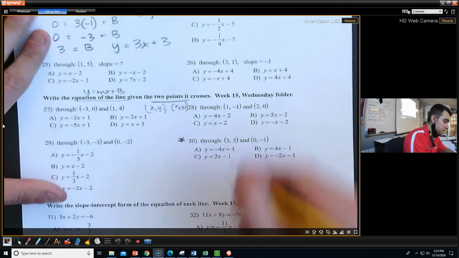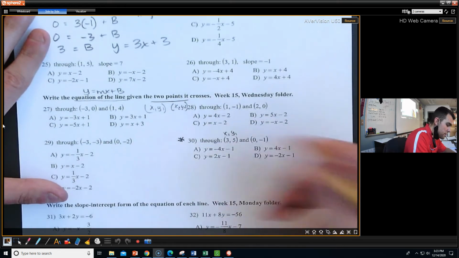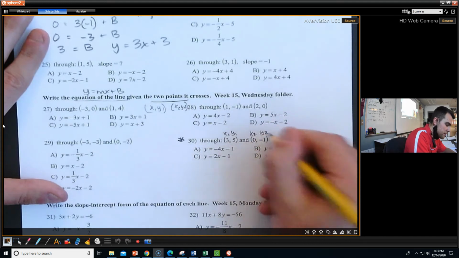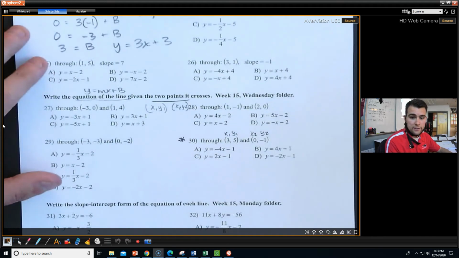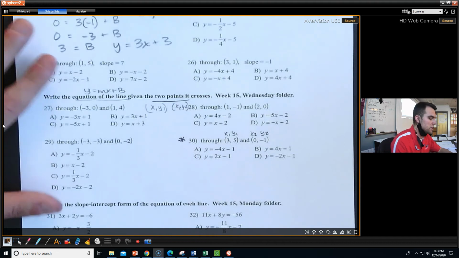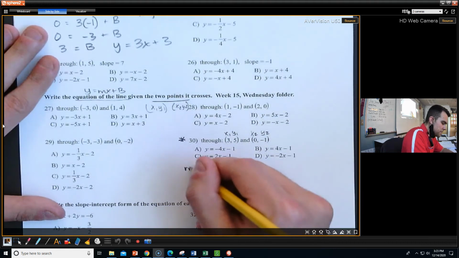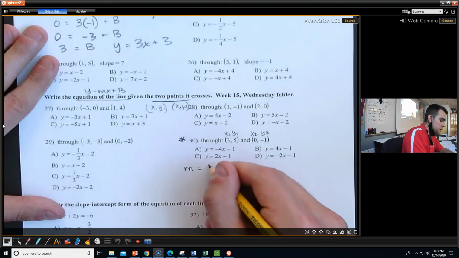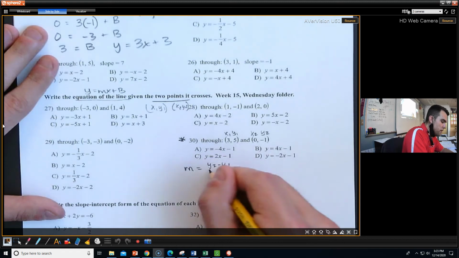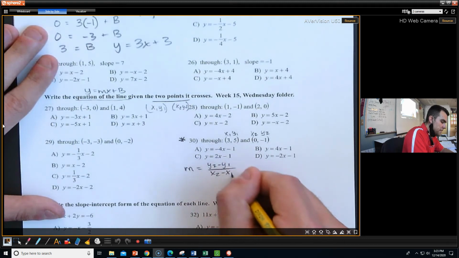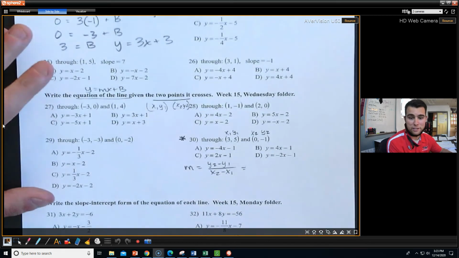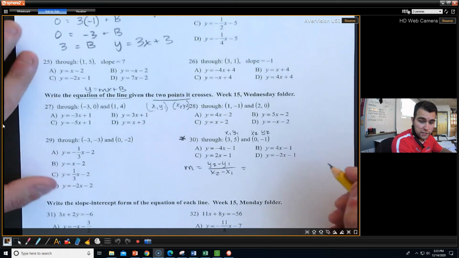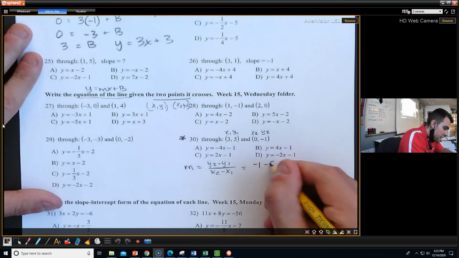All right, I have these two points. I'm going to call the first point x1, y1, and the second point x2, y2. Let's calculate the slope. I want to use my slope formula to do this: m equals y2 minus y1 over x2 minus x1. I'm going to plug some stuff in. On the top, I'm going to get negative 1 minus 5.